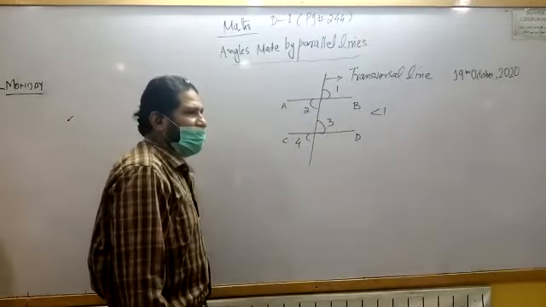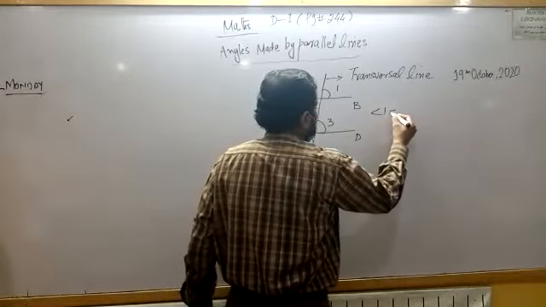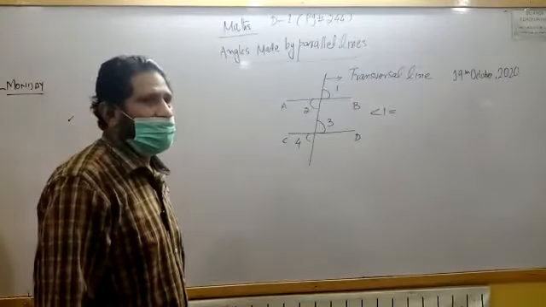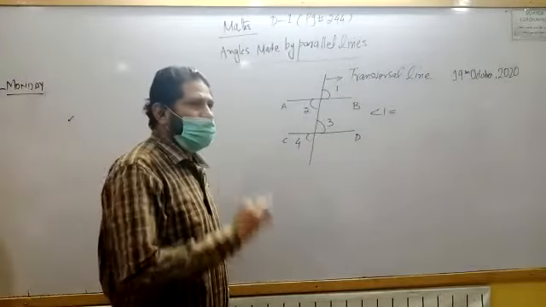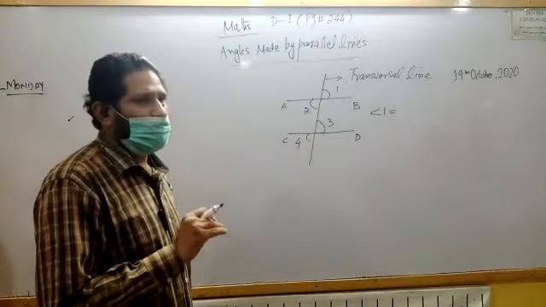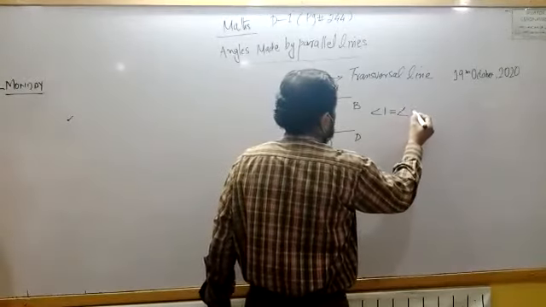So these angles have a relationship, and that relationship is called correspondence. So these angles are corresponding angles. Corresponding angles are always equal to each other. So I mean angle 1 is equal to angle 3.